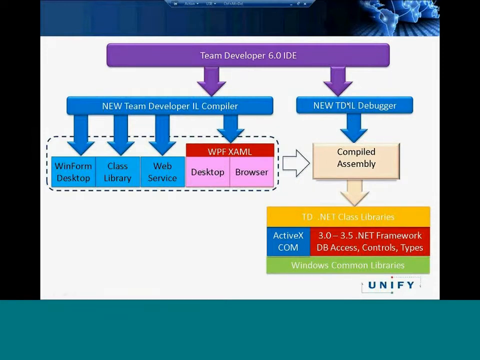And we're going to have a new TDIL debugger, which will generate all the .NET class libraries from Team Developer. And again, this is separate from the existing Win32 TD native. It's all brand new, even though it's transparent for the developer because it's automatically included into the IDE.